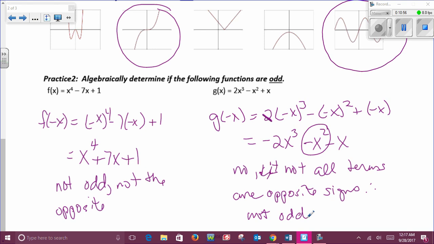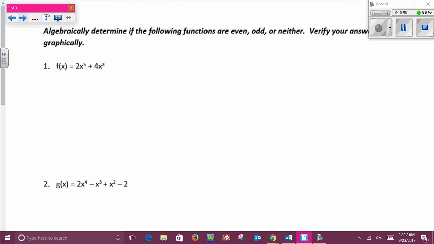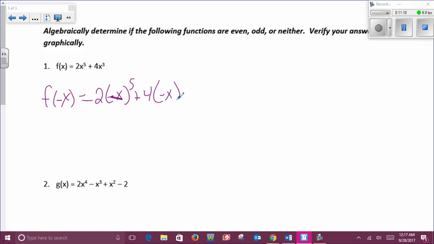All right, next page. So algebraically determine if the following functions are even, odd, or neither. Verify your answer graphically. Well, f of negative x equals 2 times negative x to the fifth, plus 4 times negative x to the third.